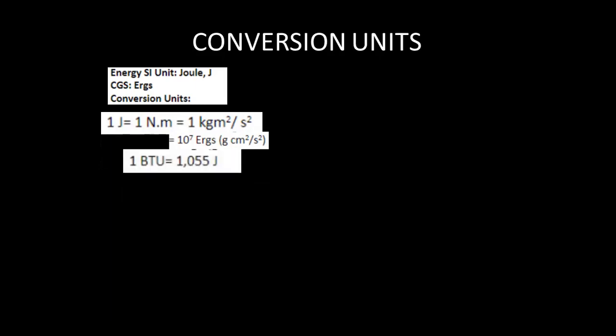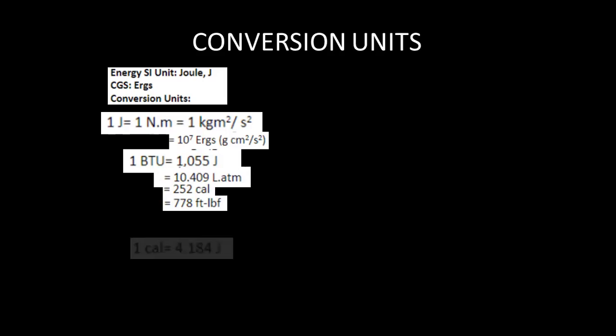A BTU is equal to 1055 joules, and it is also equal to 10.409 liter-atmospheres. It is also equal to 252 calories or cal, and a BTU, or British thermal unit, is also equal, in FPS, to 778 foot pound force.